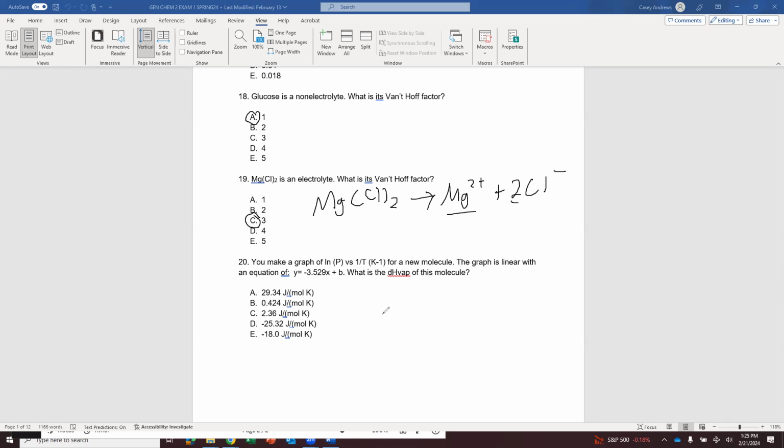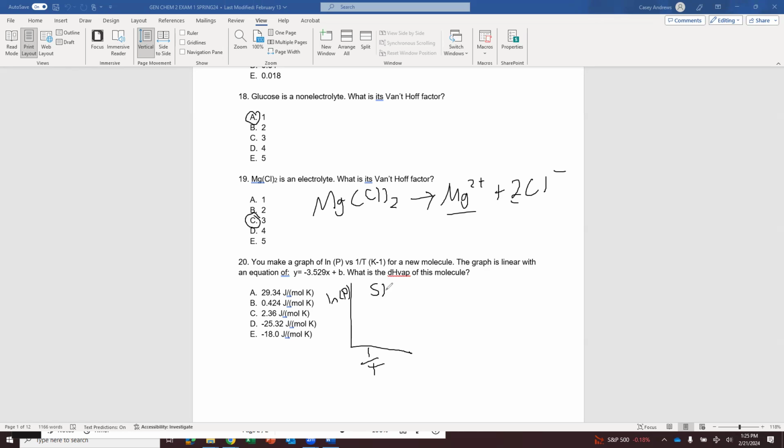You make a graph of natural log of pressure versus 1 over temperature. So I made that graph. The graph is linear with the equation y equals minus 3.529 x plus b. What is delta H vap?